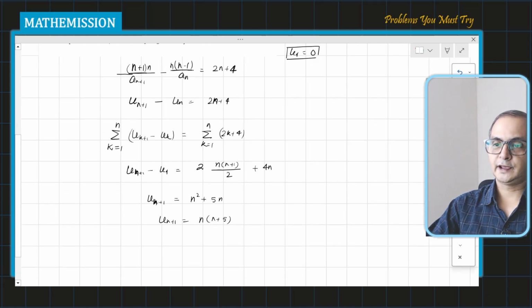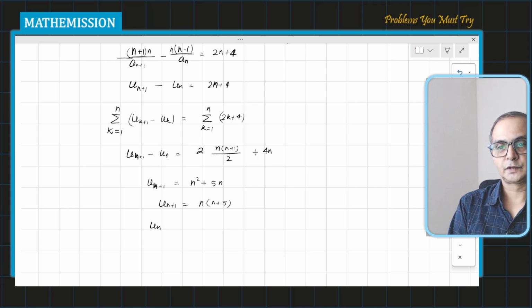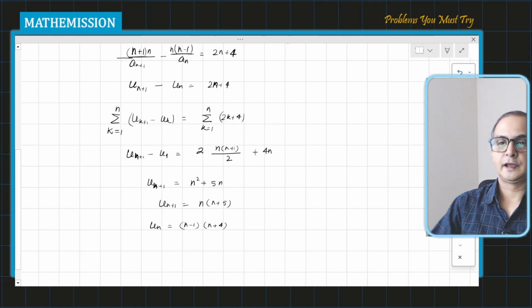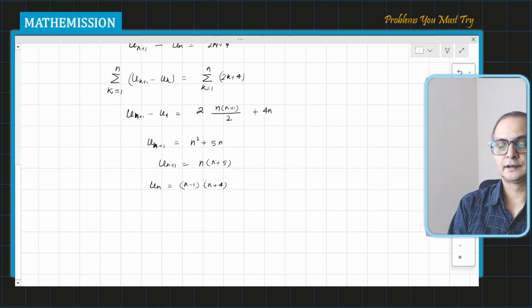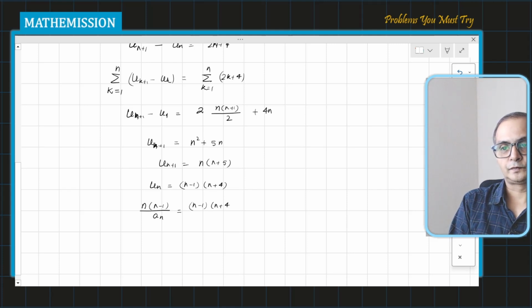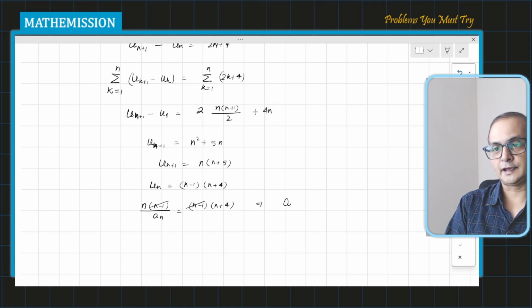Now I'm substituting n minus 1 to get u_n. So u_n is nothing but (n minus 1) times (n plus 4). And you can see that u_n is also n into (n minus 1) by a_n. So I'm substituting that as n into (n minus 1) by a_n equal to (n minus 1)(n plus 4). So from here (n minus 1) cancels, and we get an is equal to n by (n plus 4).